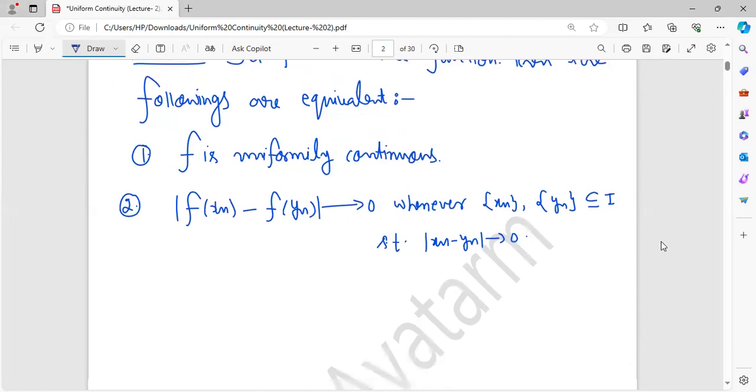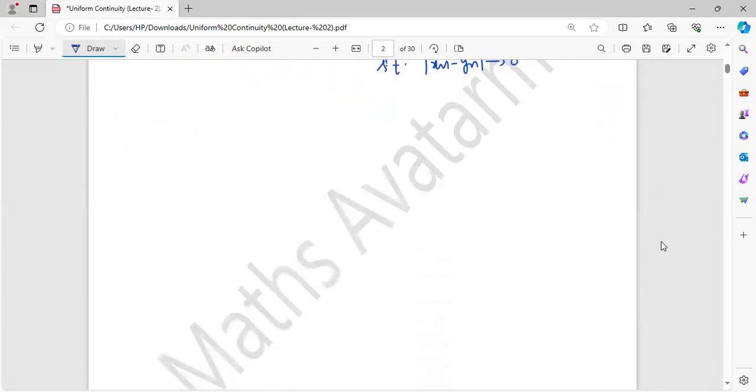Proof. One implies two. It means we are assuming that our function is uniformly continuous, and we are going to prove the second statement.